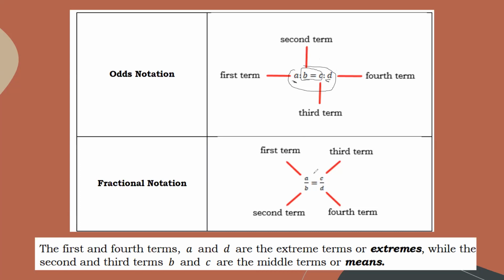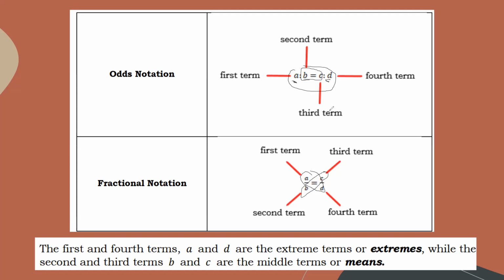Kapag po fractional, then definitely ganun po. Our A and D are our extremes, in this arrangement, isang taas at isang baba, while our B and C naman are our means. Please take note of that. Ano yung extremes? Yung nasa dulo, which are our A and D. Kapag naman fractional, yung numerator ng first fraction at saka po yung denominator of the second fraction.